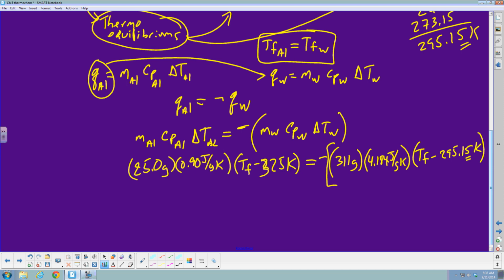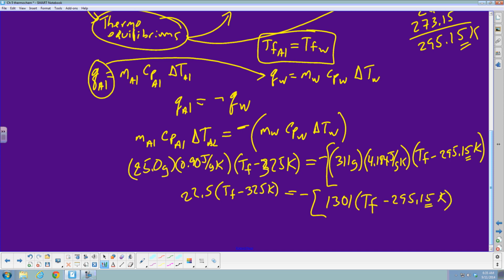We just have to solve this now. Here we go. I'm going to take 25 times 0.9, so I have 22.5 times T F minus 325 K, and that's equal to a negative 311 times 4.184, which looks to me to be 1,301 times T F minus 295.15 K, right? Okay, so now let's continue doing our algebra.